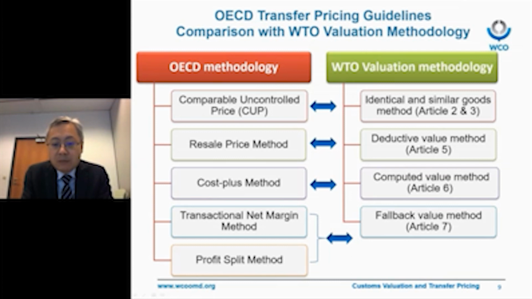And another example is Article 6, computed value method. The computed value method is based on a value built up from materials and manufacturing costs plus profit. It's very similar to the OECD cost plus method.